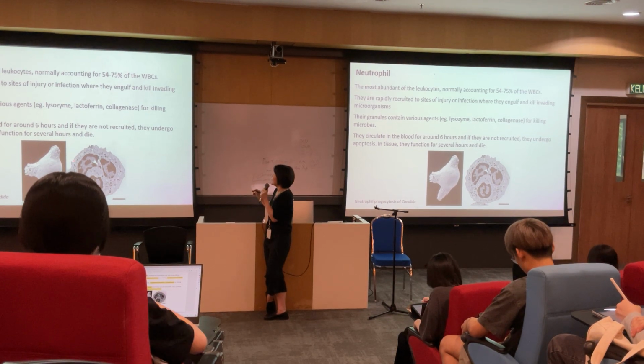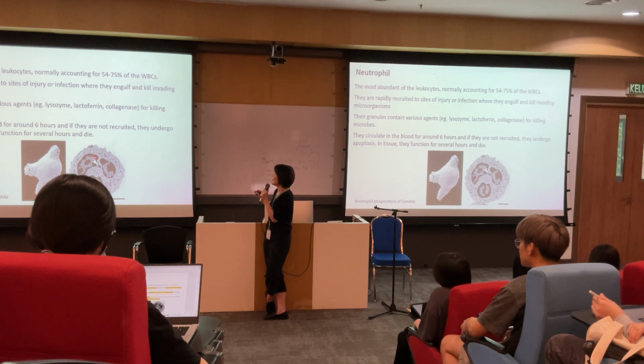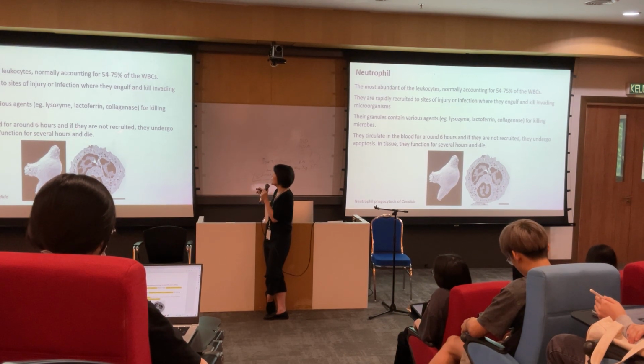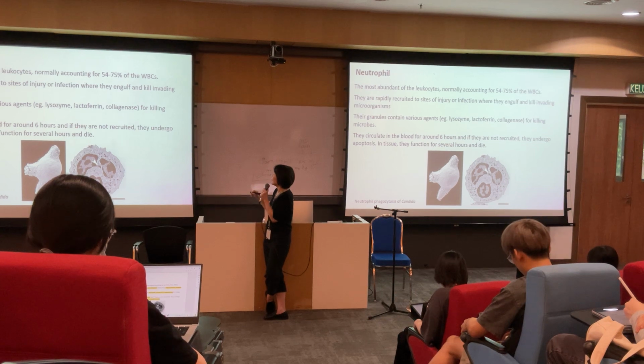If they do their job, they can stay a little bit longer, several hours, and then die. If they are not doing anything, only circulating in the blood, then a few hours, 6 hours later, they will undergo apoptosis. All right?